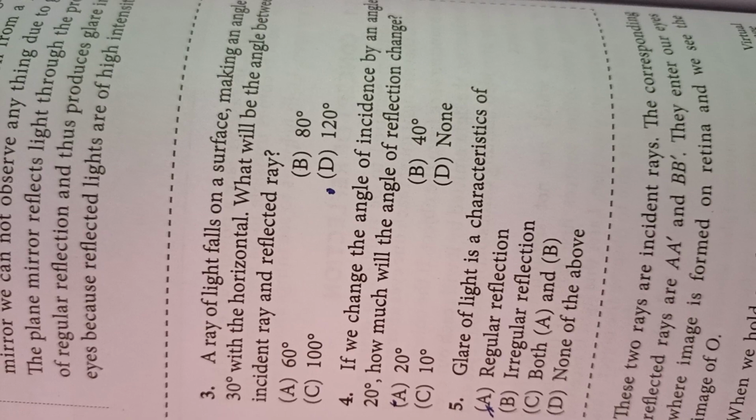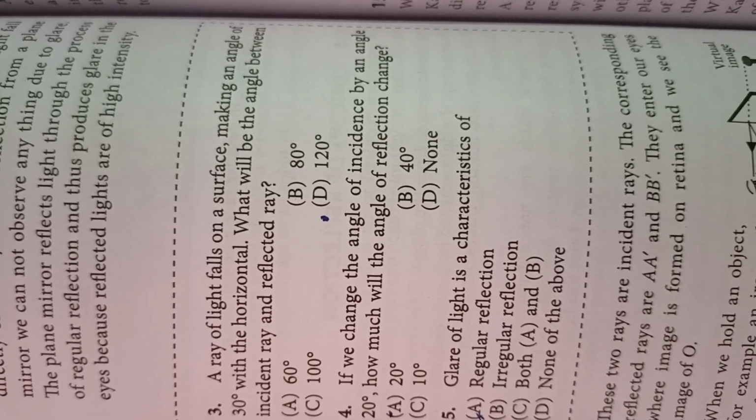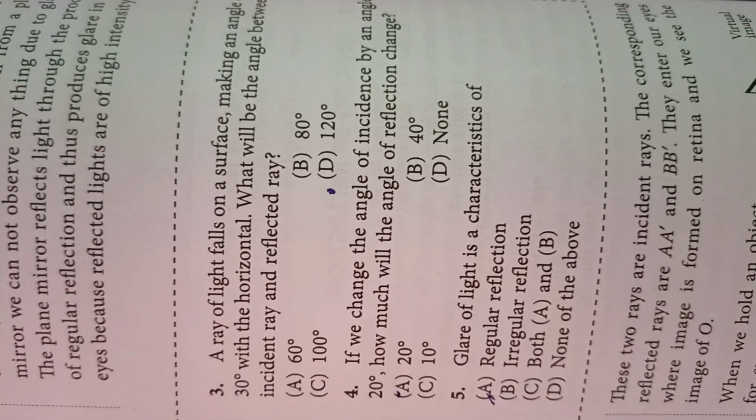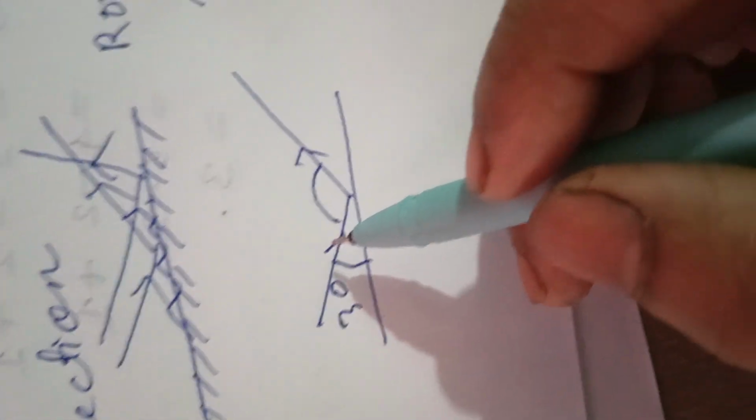A ray of light falls on a surface making an angle of 30 degree with the horizontal. What will be the angle of incidence and the angle of reflection? This ray falls on the surface. This is 30 degree. If we draw a normal, since it is normal, this angle must be 90 degree.